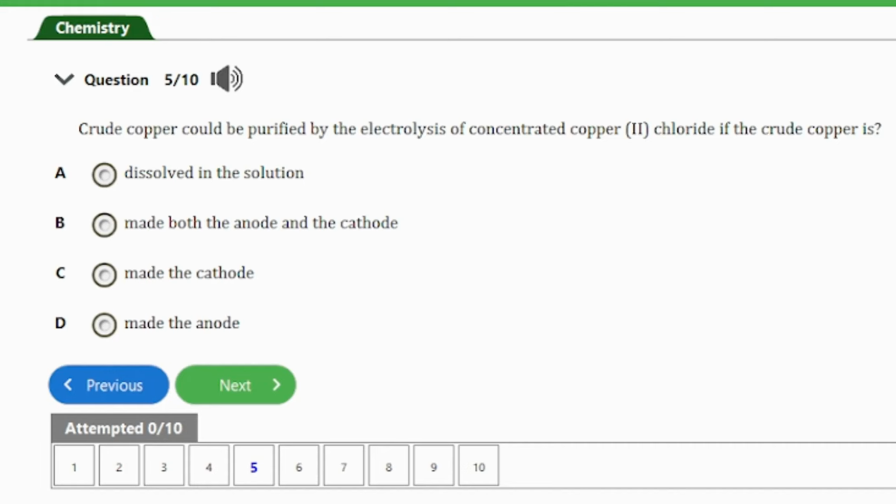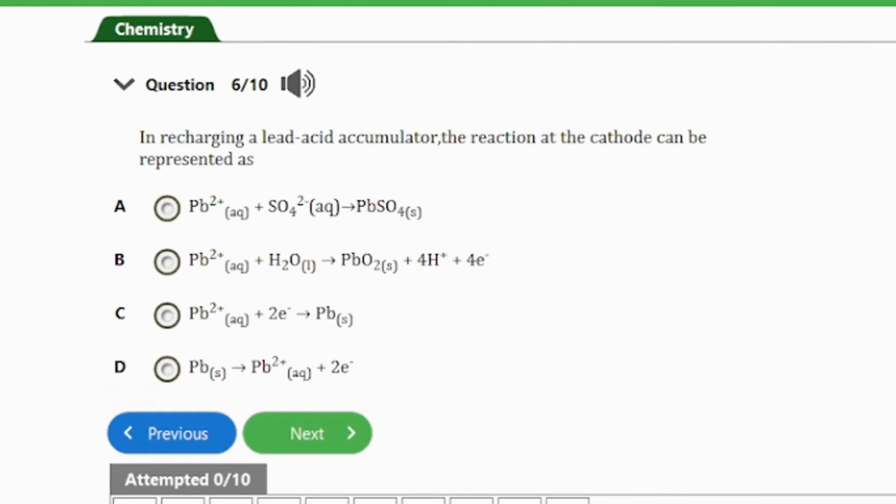So guys, the answer to this question is option D here, and that's made the anode. In the electrolysis of copper(II) chloride, crude copper is made the anode. The impure copper anode dissolves into the solution to form copper(II) ions, which are then reduced at the cathode to form pure copper. So that's it about this question. So let's consider the next question.